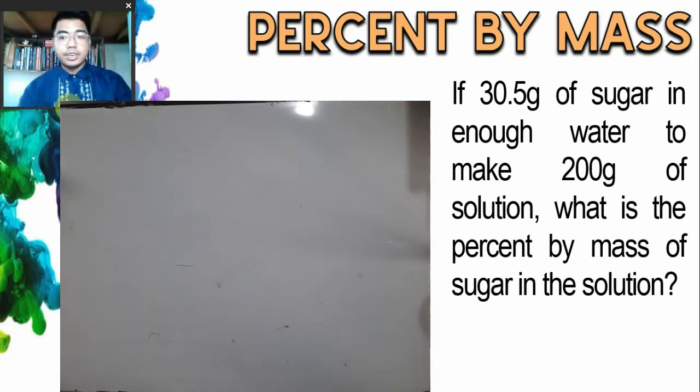The example that we have here is on page number 5 of our module. If 30.5 grams of sugar is dissolved in enough water to make 200 grams of solution, what is the percent by mass of the sugar in the solution? Once again, we are going to use the GRESA method in answering this problem. Let's start with the given.